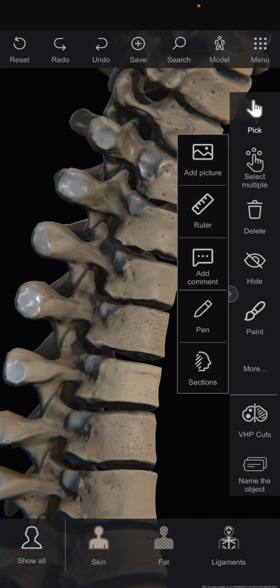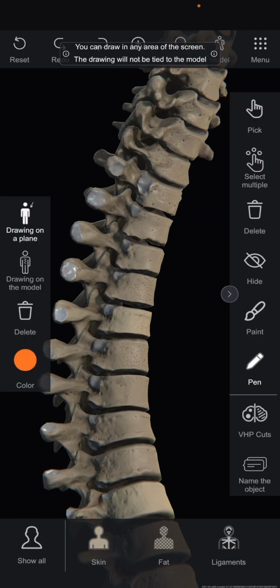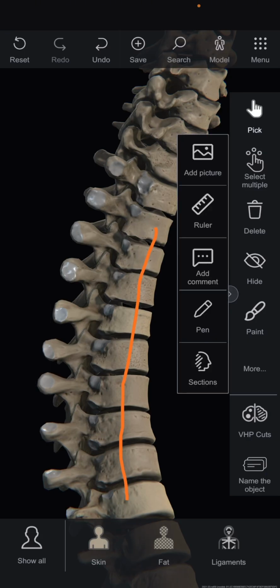Now, T1 we have discussed; from T2 to T9 we have the same structure. Why? Because we have two demi facets. Now I will show which demi facets we have.